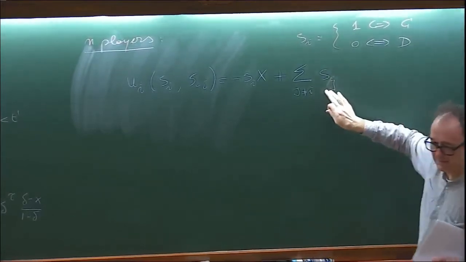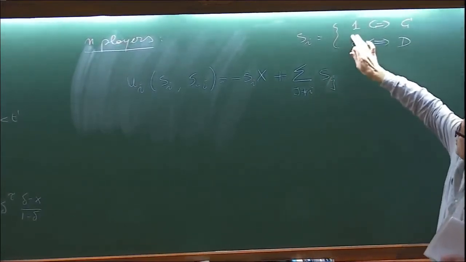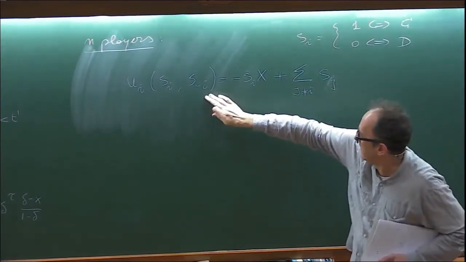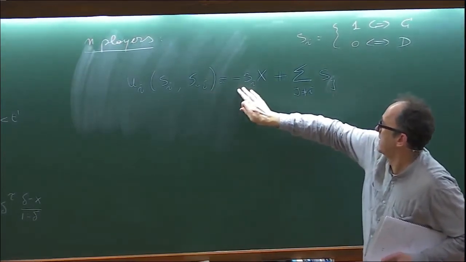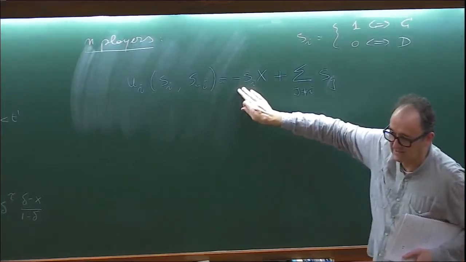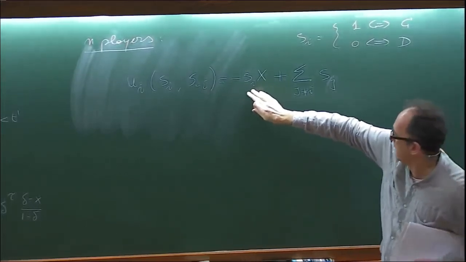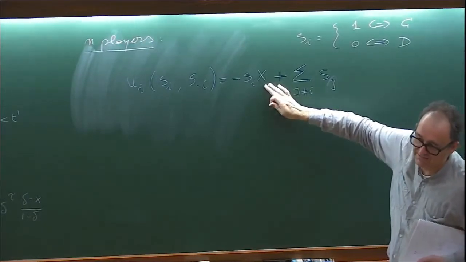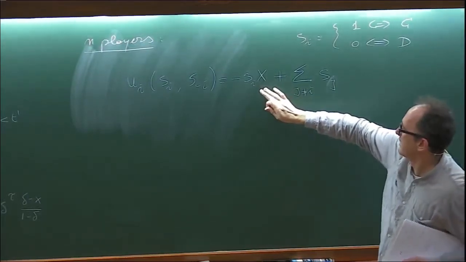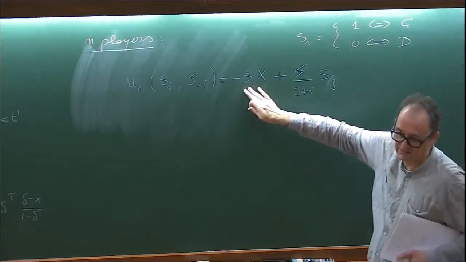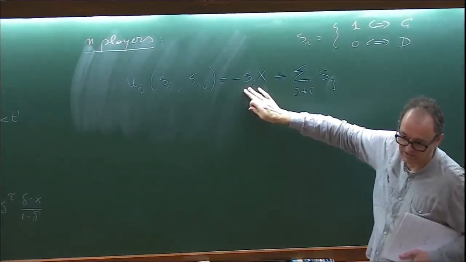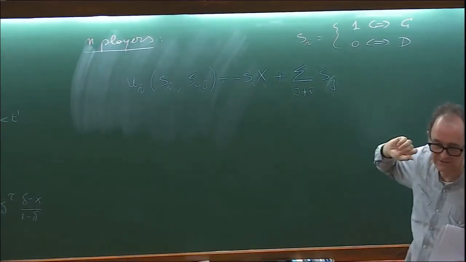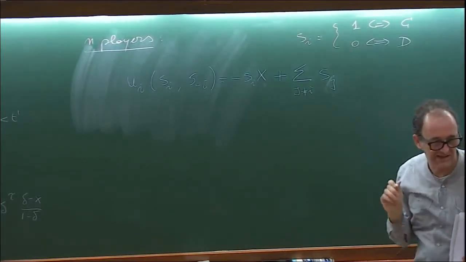So all the other players who cooperate will give you a payoff of 1 to Mr. I. And if Mr. I defects, he pays nothing; if Mr. I cooperates, he's going to pay X. Okay? So again, the best response here is just to have S equal to 0, to defect, whatever the other guys are doing. Okay? Is this clear?